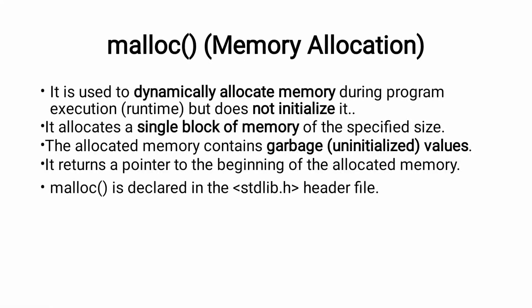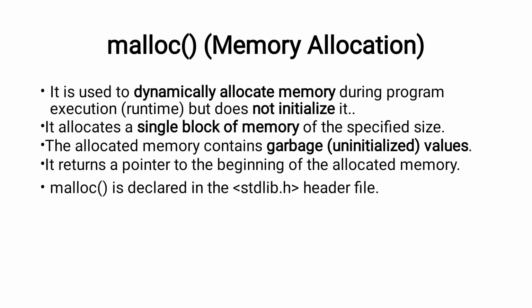It is used to dynamically allocate memory during program execution time, but does not initialize it. That means during runtime memory is allocated, but malloc won't initialize that memory, so some garbage value will be stored.